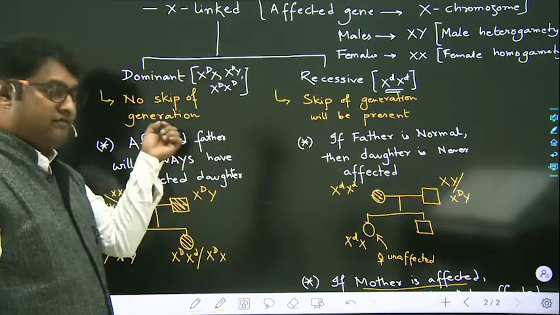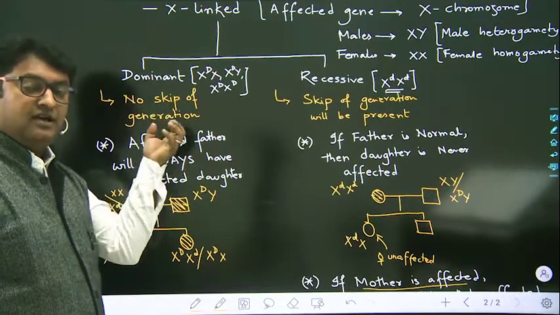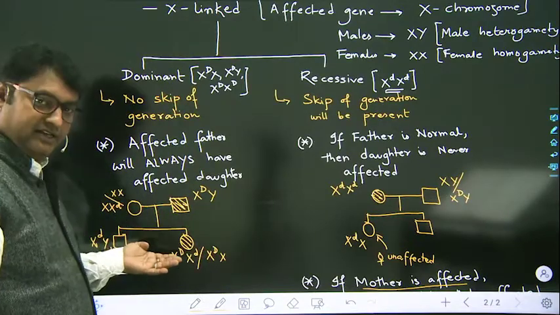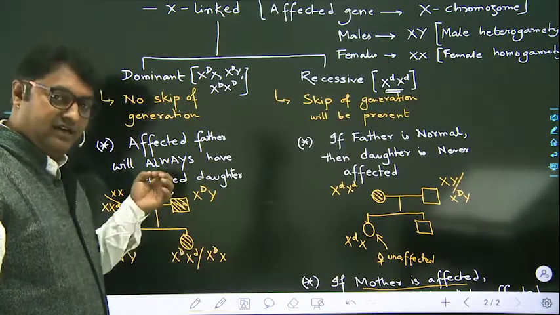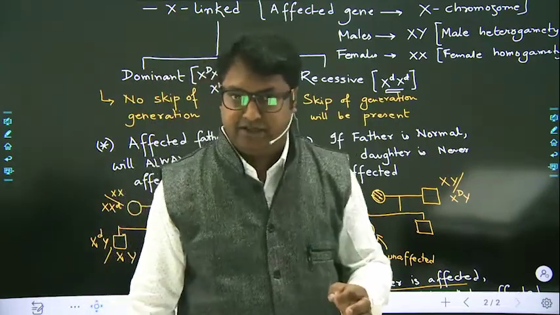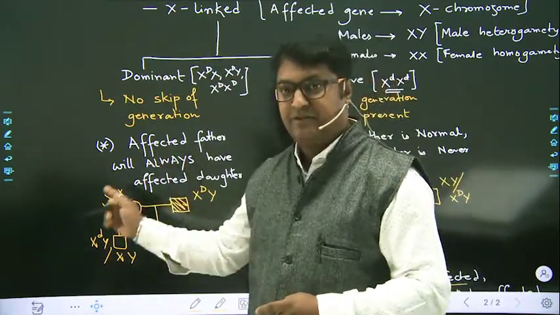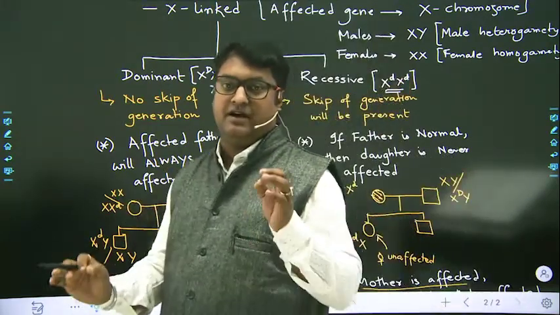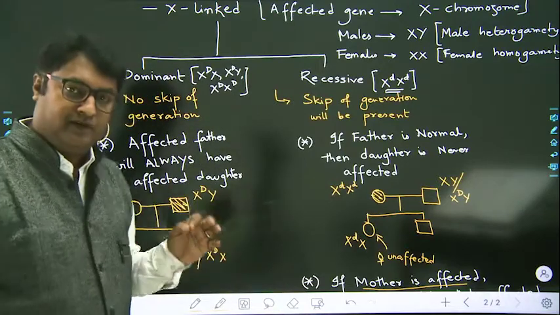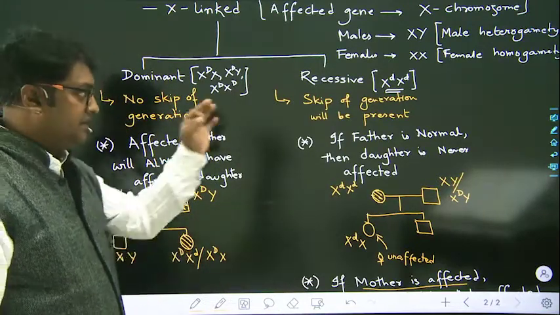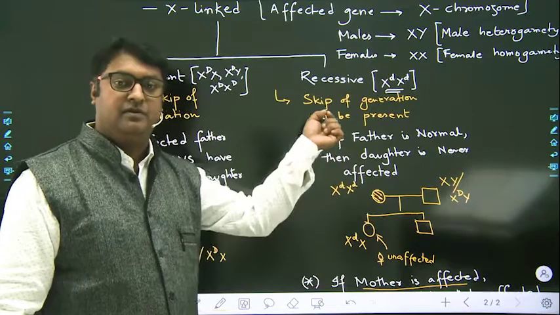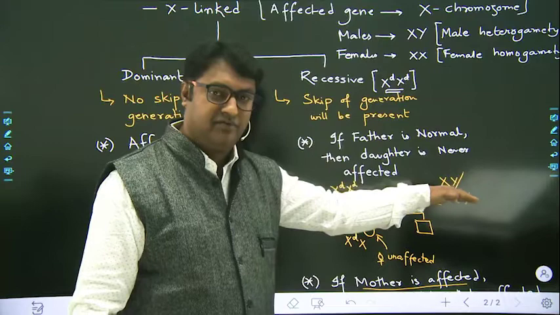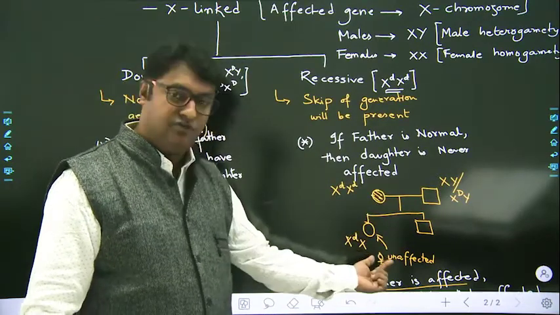In the dominant, obviously because it is dominant, there will be no skip of generation. Clear? You can see in this case that in all the generations there is an individual who is affected. Here the case is that an affected father will always have an affected girl child. Clear? In the recessive, obviously we will be noticing the skip of generation. Here you can see one generation was affected, and one generation was unaffected. Clear?